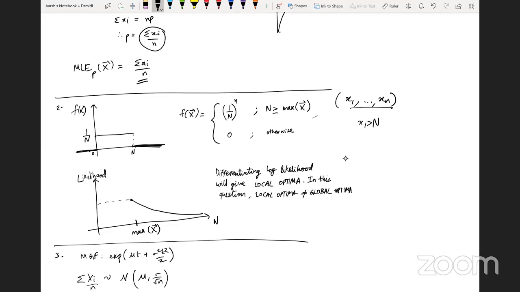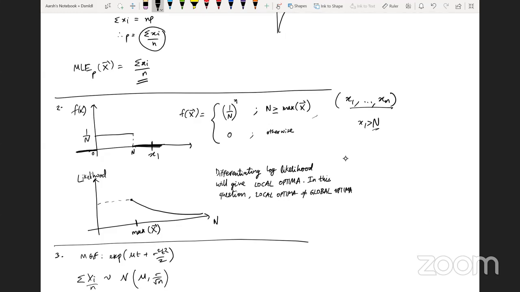If there is a value of n such that one of the observed values is greater than that value, we know from the PDF that if you integrate this area for a candidate n, you will get 0. So given a candidate value of capital N, we cannot observe any sample whose value is greater than that.